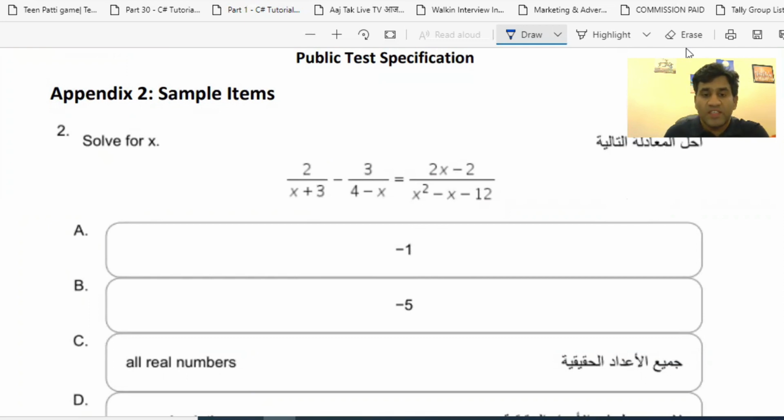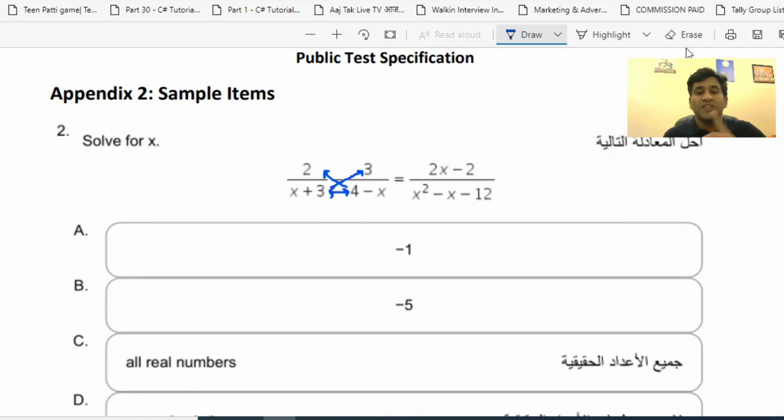Look here. The denominator of this term is 4 minus x and the denominator of this term is x plus 3. To make a common denominator, I just need to multiply the denominator of one term with the other. Multiply this 4 minus x to the 2, and multiply x plus 3 with the 3, and at the same time you have to multiply the denominator, this part, with this.